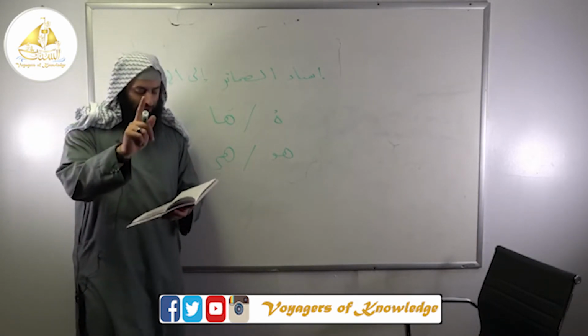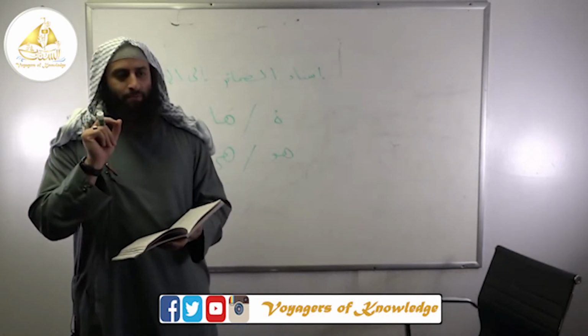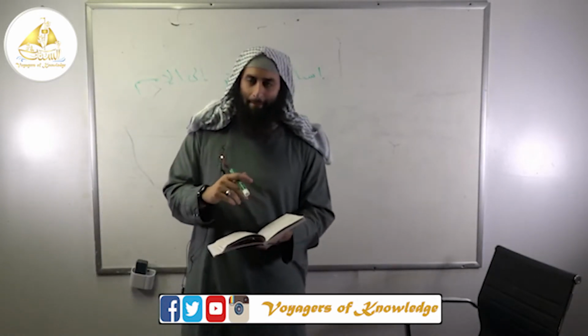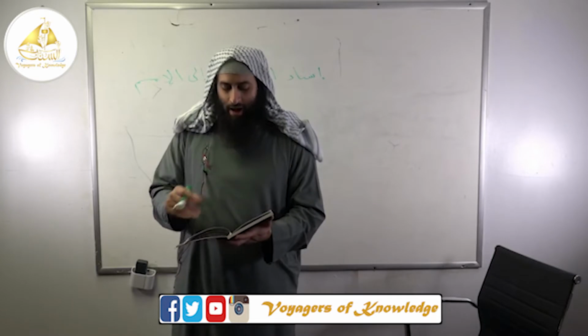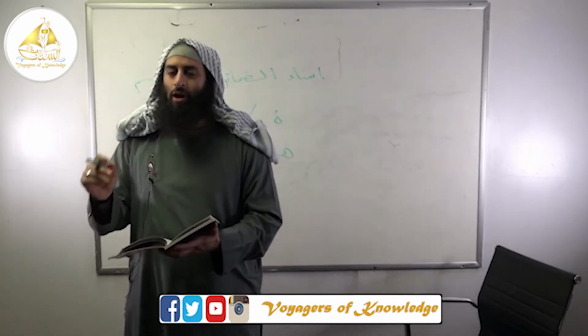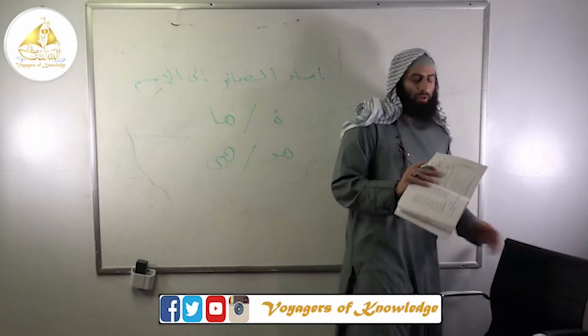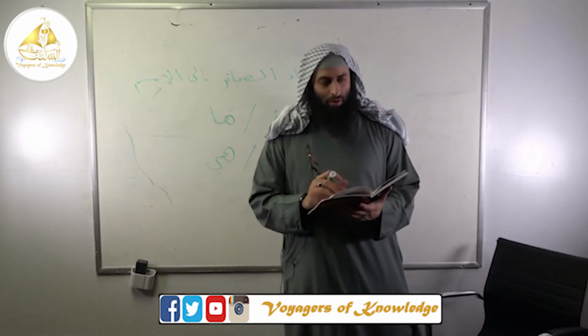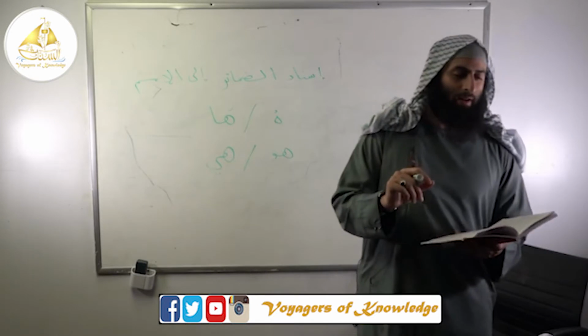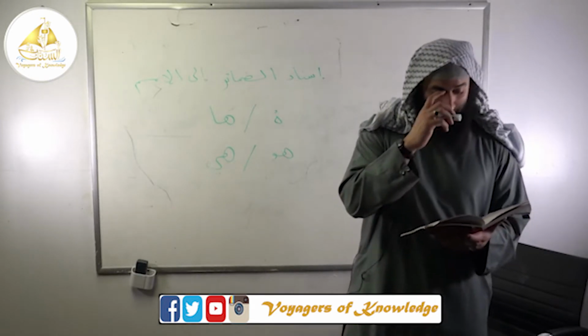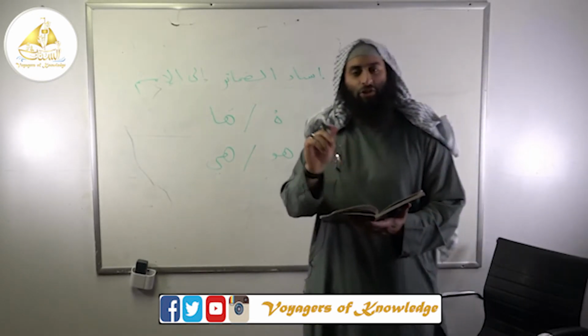So look at question number 1 on page 57. Open up to page 57. هذه البنت طالبة. Do you guys see that? هذه البنت طالبة. And then it says اسم.